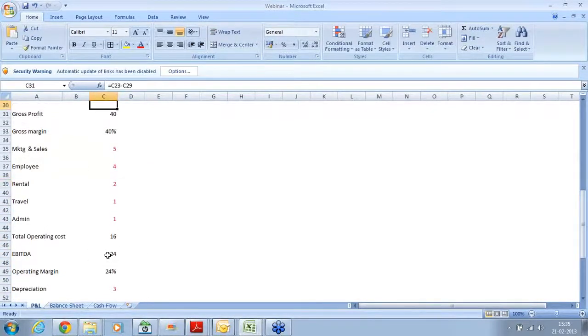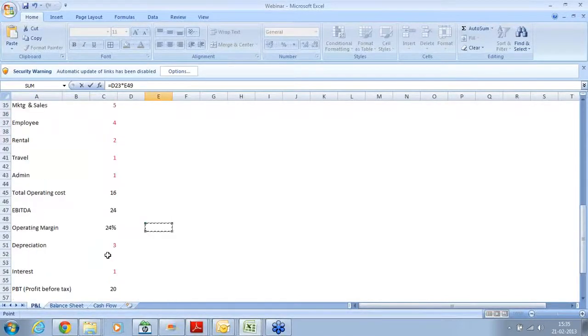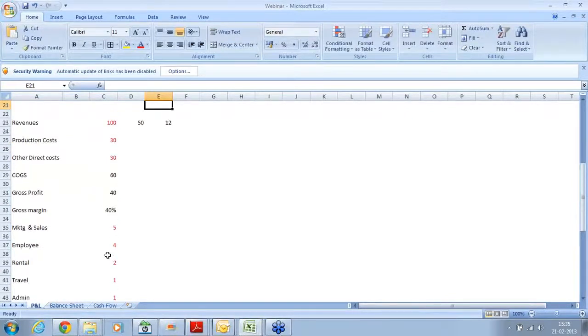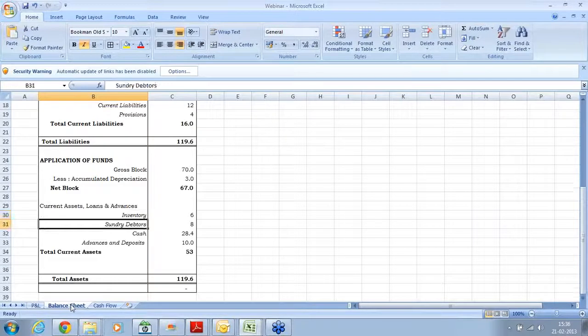That is locked in. Let's do it here to show you what it means. So out of this 24 rupees, 12 rupees is actually locked in. You don't have that profit. Just remember that. So it is very important for you to manage your working capital. And what is working capital?